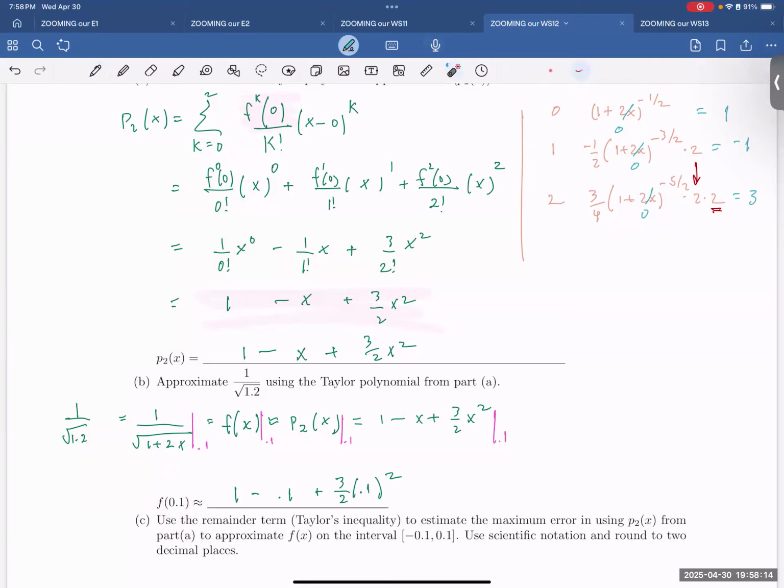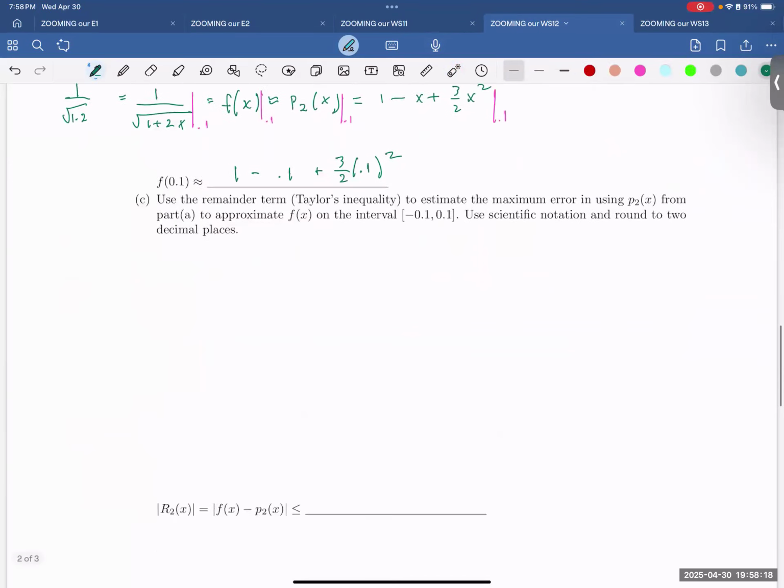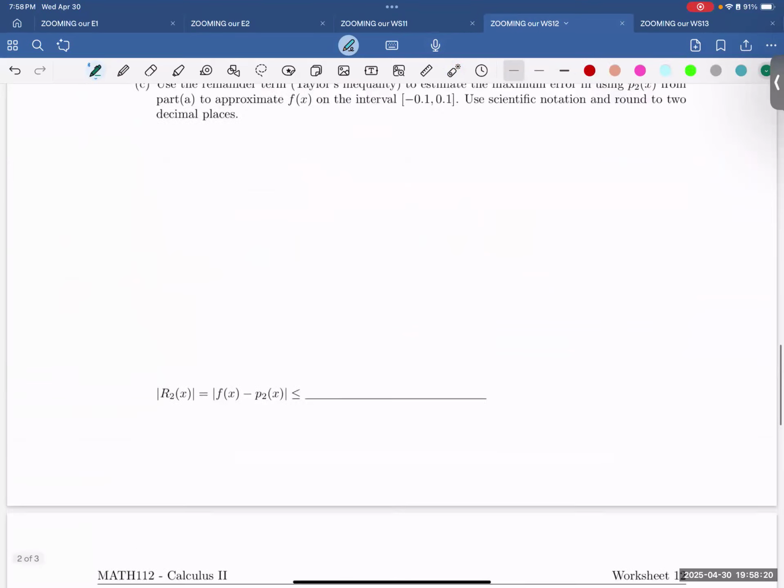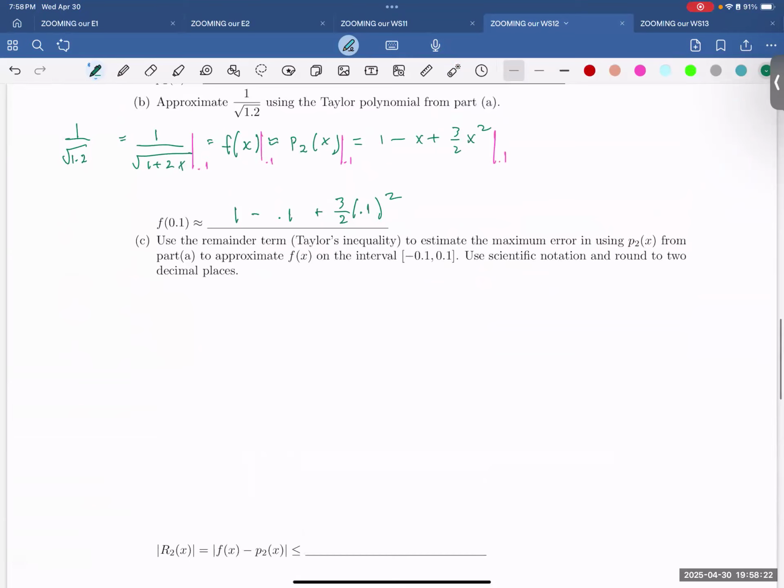We put a 0.1 here and a 0.1 there. Use the remainder theorem, Taylor, to estimate. Oh, right. Okay, so this is not the error bound for an alternating series. This is the Taylor error bound.